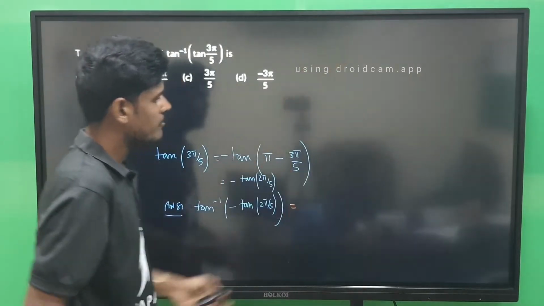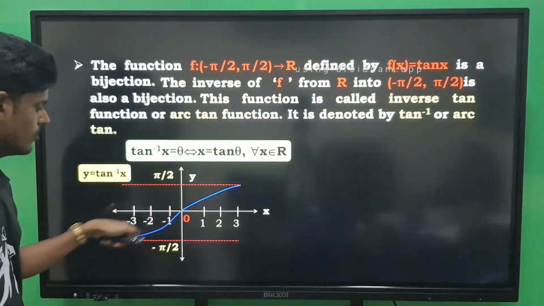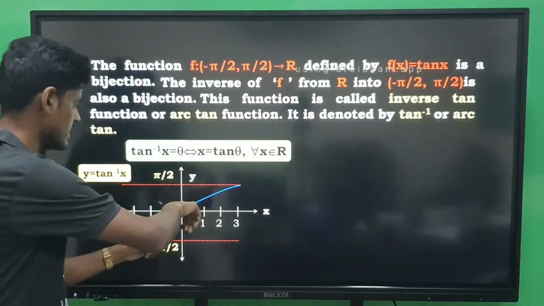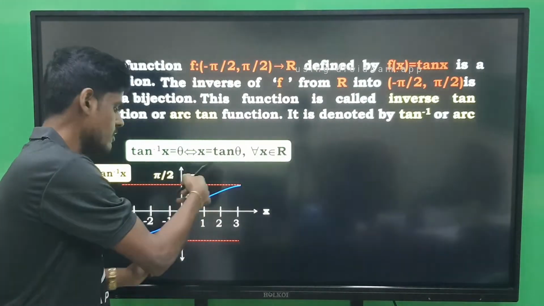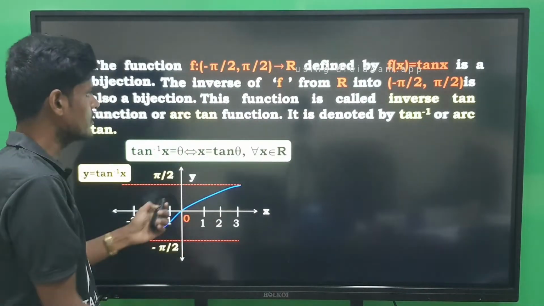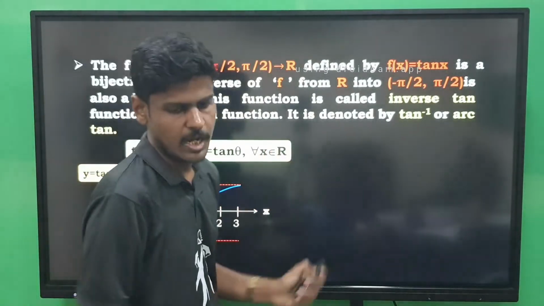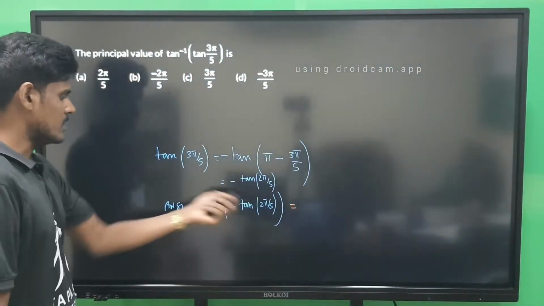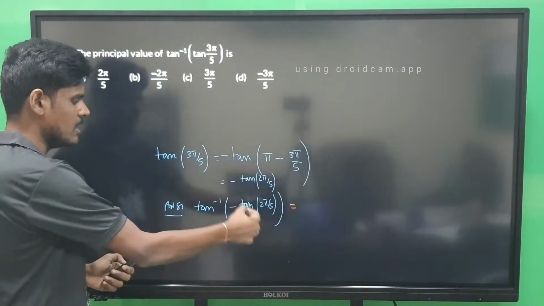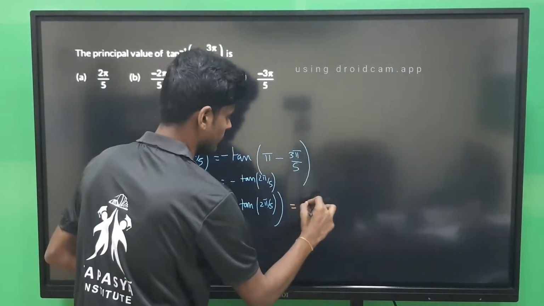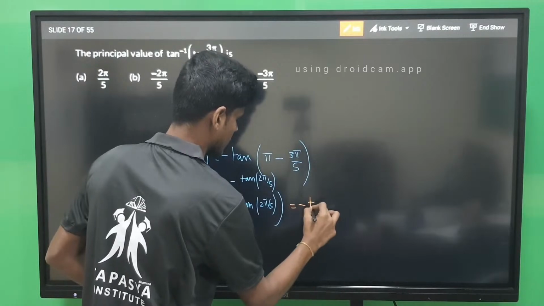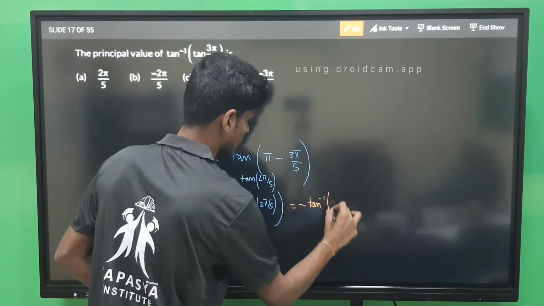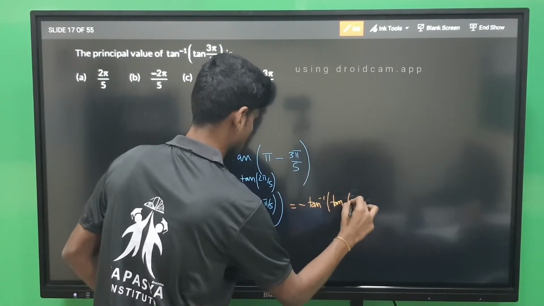We have seen in graph now. How the graph is this? Tan inverse of minus value and plus value will be negative of each other, as this is symmetrical about origin, that is odd function. So this value is actually minus tan inverse tan of 2 pi by 5.